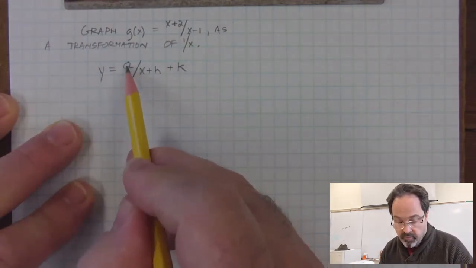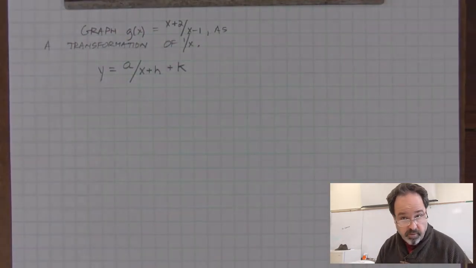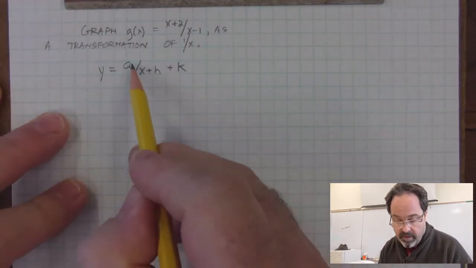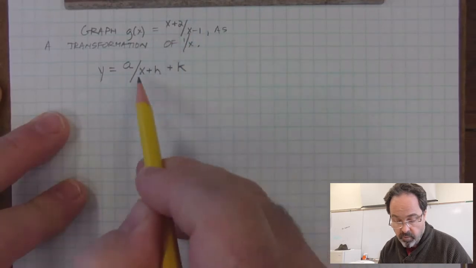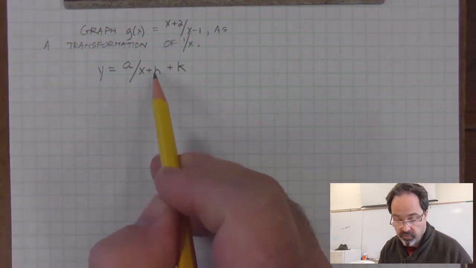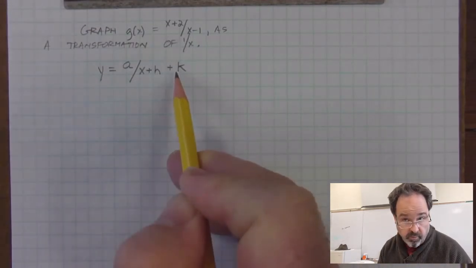Because the parameters a, h, and k then inform us of the individual transformations, which we can do by hand if we have the parent graph to start with. So this form here is a transformation of 1 over x, where a would be a dilation, h would be a horizontal translation, and k is the vertical translation.